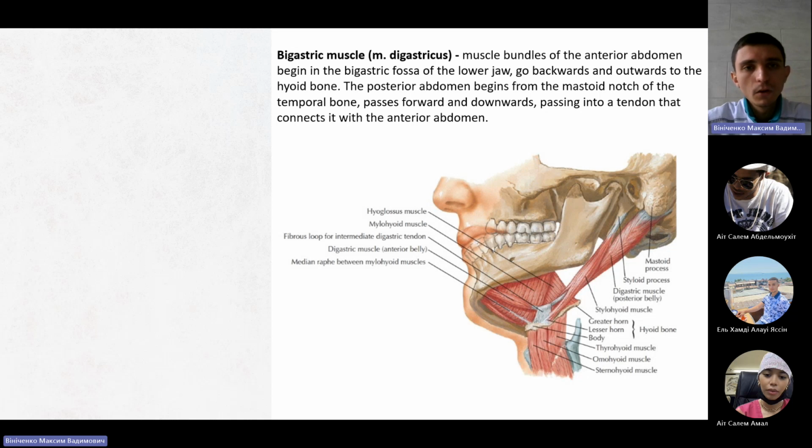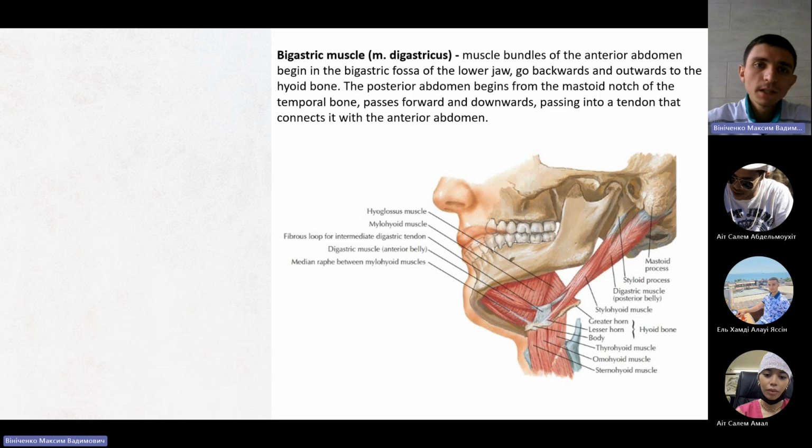Digastric muscle, or musculus digastricus. Muscle bundles of the anterior belly begin in the digastric fossa. Here is the digastric fossa. They go backwards and outwards to the hyoid bone. Here's the hyoid bone.